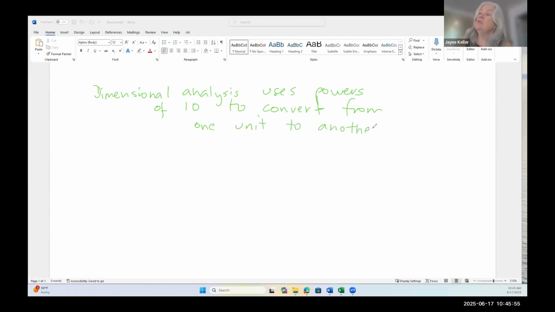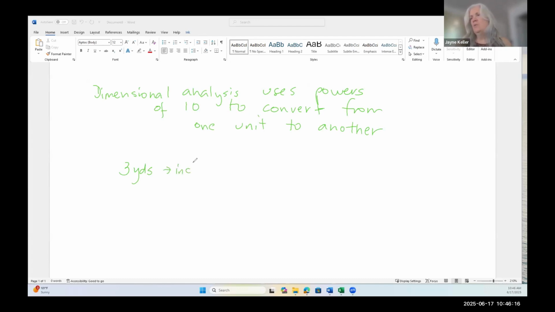And so dimensional analysis, remember, is what we call it when we're converting from one unit to another unit. And we use those unit multipliers, right? So that's what we did in that last one. We were converting 3 yards to inches.